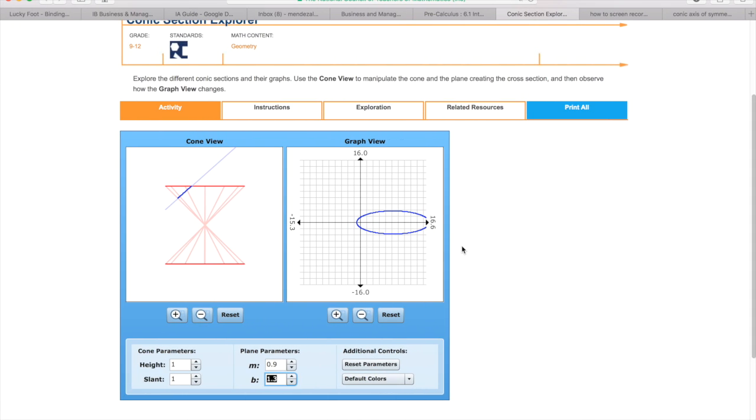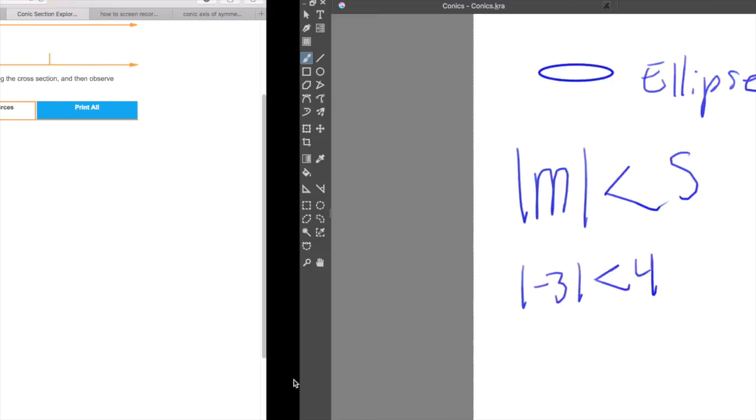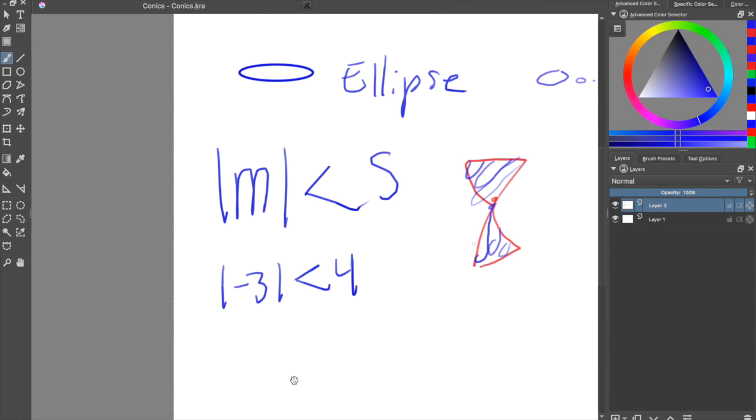Right? Let's see. It's growing, it's growing, it's growing. But on the graph it's getting smaller. And then the other thing happens. Because the cut is going away from the origin. So, yes.